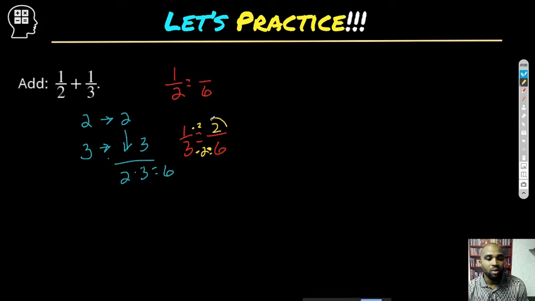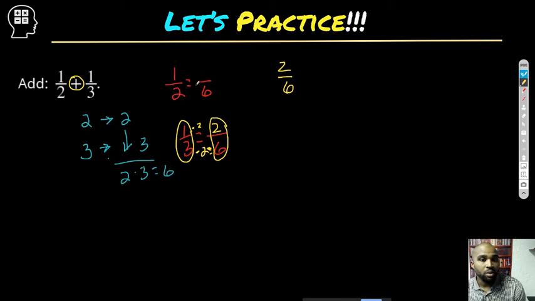So now we know that 2/6 is the same thing as 1/3. Why is that important? Because now it's going to allow us to add them together. I should have done the 1/2 first just to keep it in order, but it doesn't matter here because addition is commutative, which we'll talk about at a later date. You can switch the order, it doesn't matter.